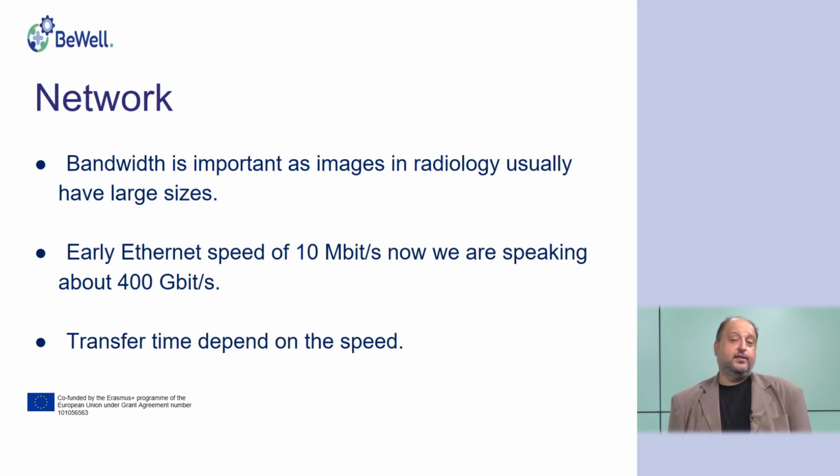The network is very often overlooked, but it is an important part of the system, and especially the bandwidth. It is very important because the DICOM files that are used in radiology usually have large sizes. And you may imagine the early Ethernet speed with 10 megabits per second, or even less with the first networks.